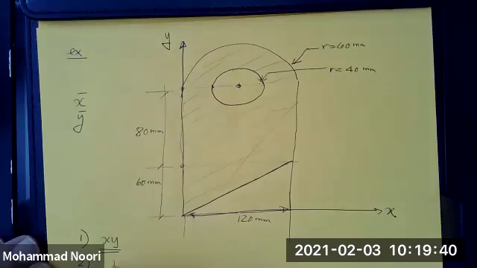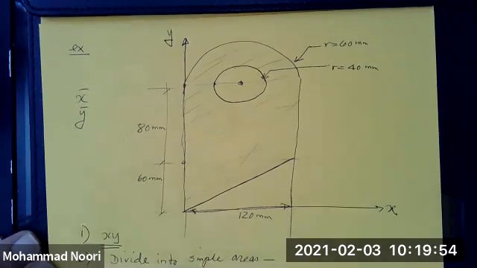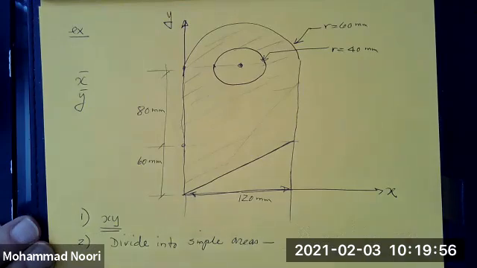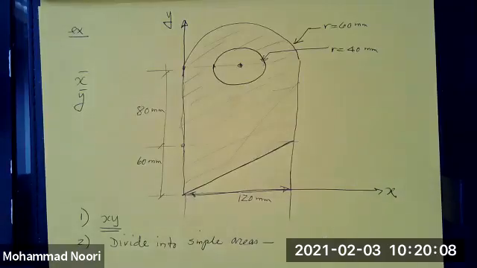Step two, divide the shape into simple areas for which you have the centroid, or the centroid are tabulated. So this is what I will do for this case. I can divide this into, for instance, like this.